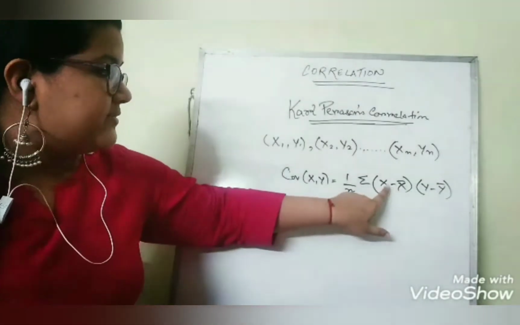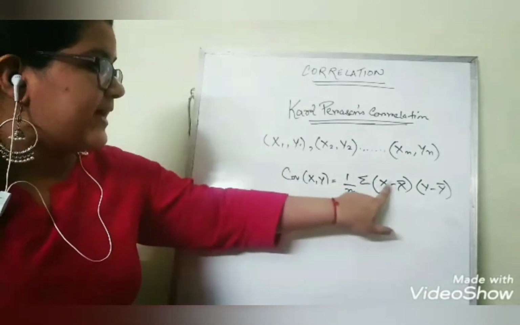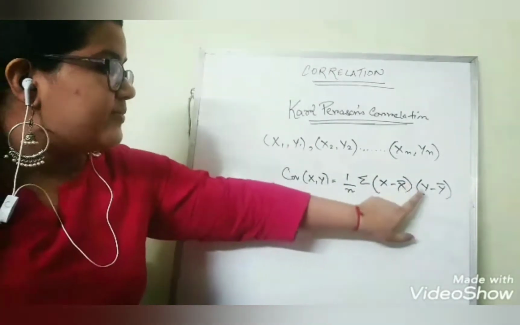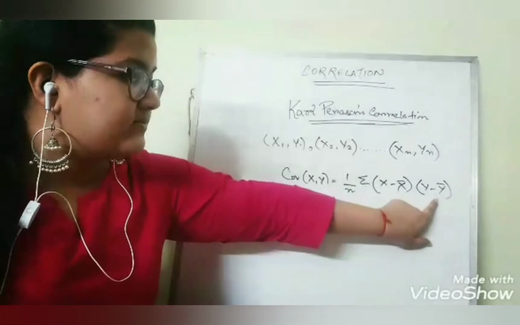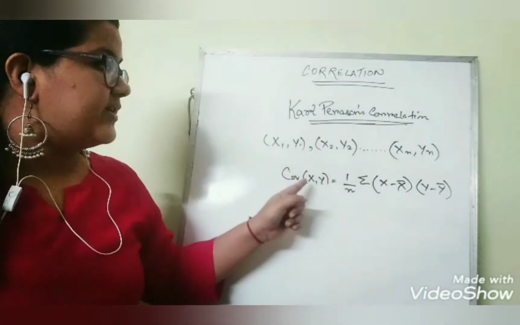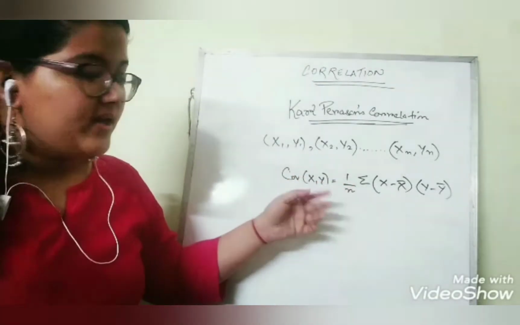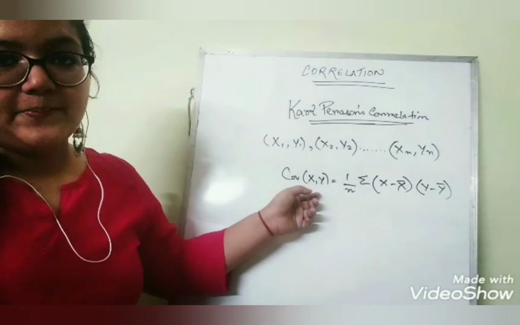So for observation 1 it will be x1 minus x bar and y1 minus y bar. The total of all such observations, multiplied by 1 by n, that is divided by n, is your covariance of x and y.